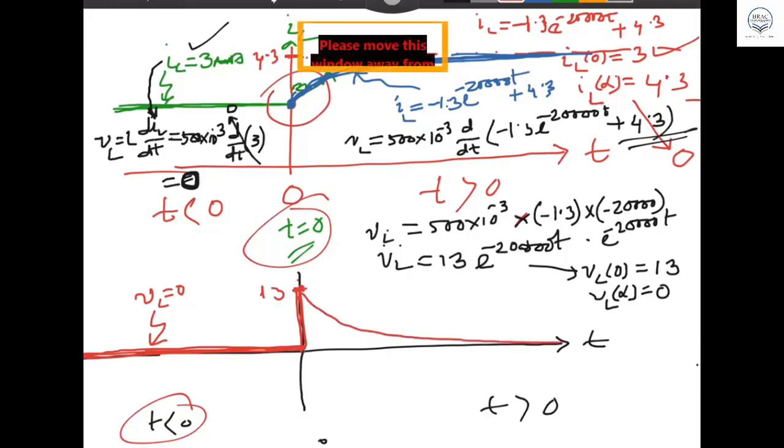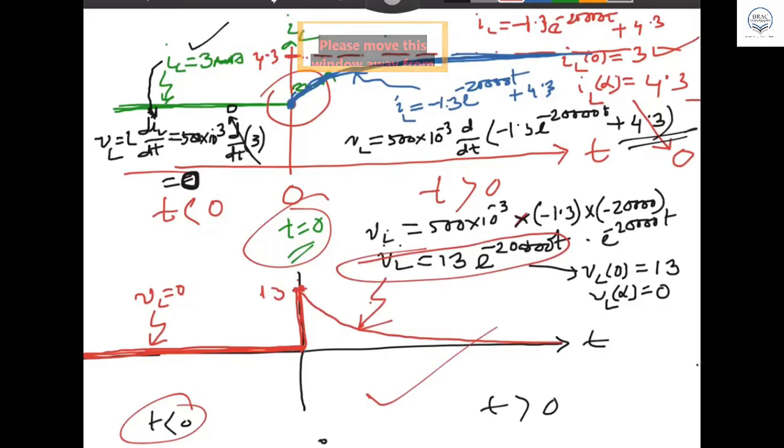This will be the equation of VL, VL equals 13 e to the power minus 20,000 t for this curve. So this is your VL sketch, as well as the VL equations for t less than 0 and t more than 0. Do you all understand it?